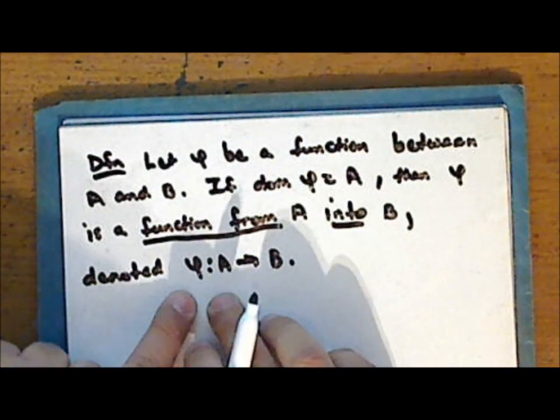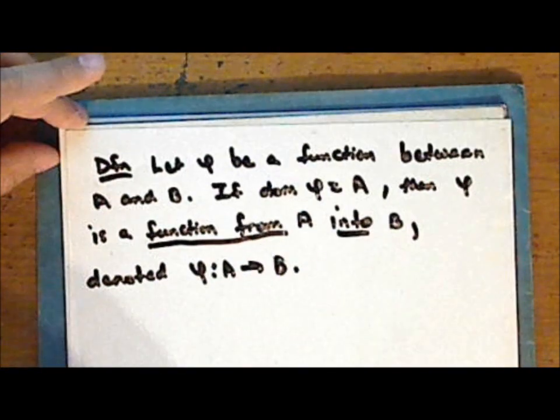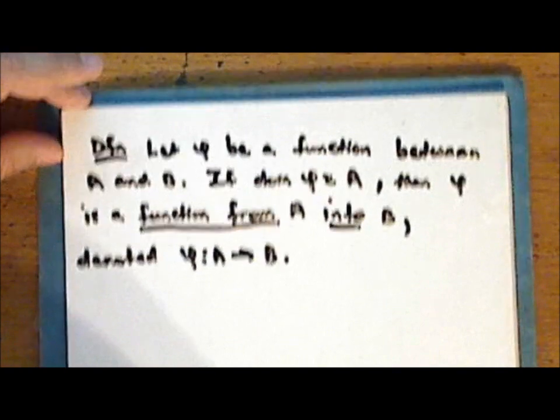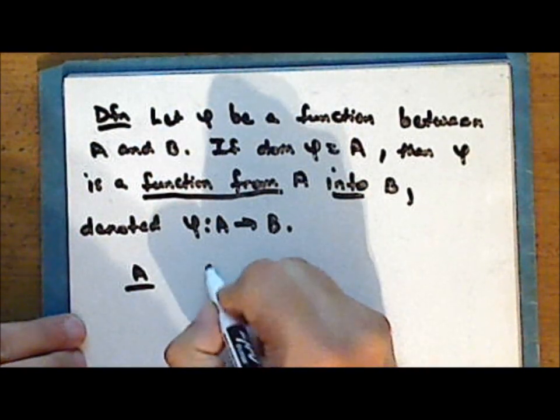And this is read, phi is a function from A into B. So once again, let's look at a map diagram to clarify this definition.